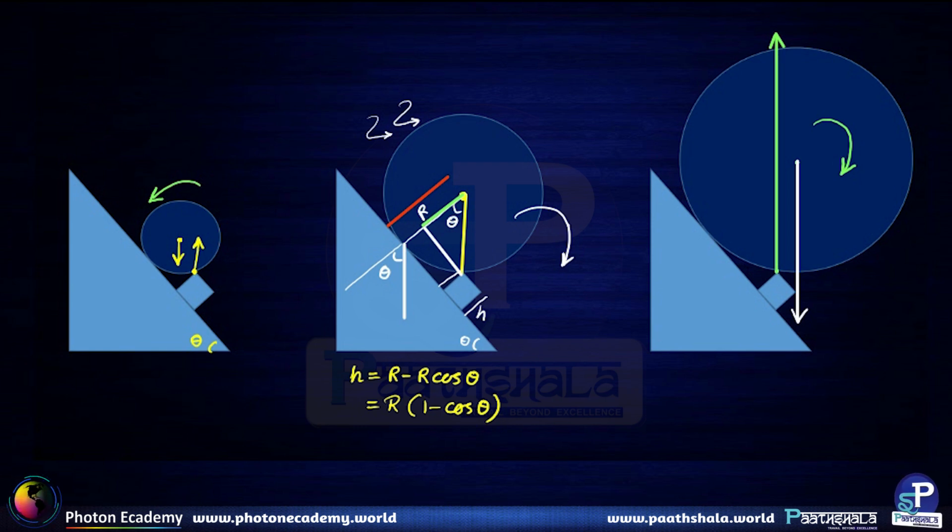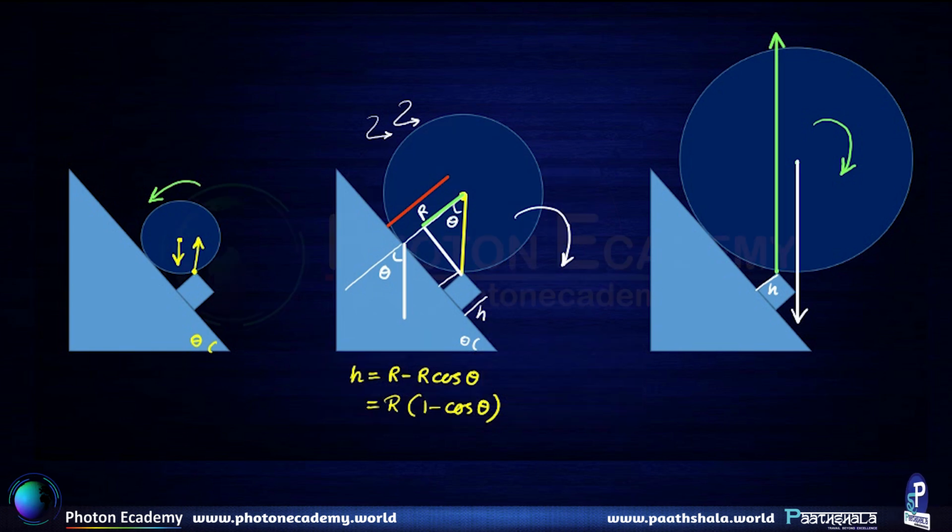This particular small wedge or small obstacle of height h is not going to be sufficient in order to make this object topple.